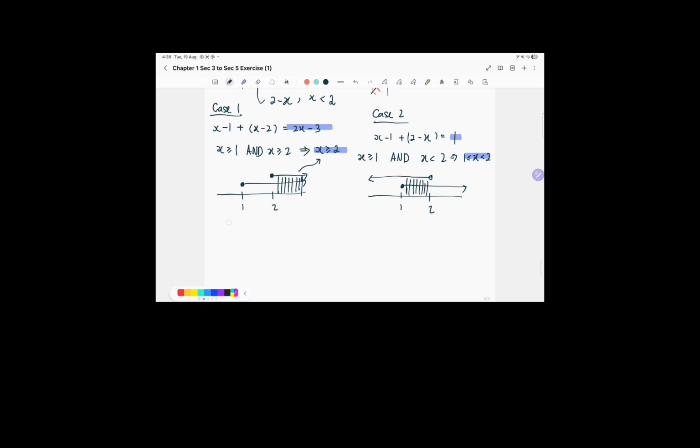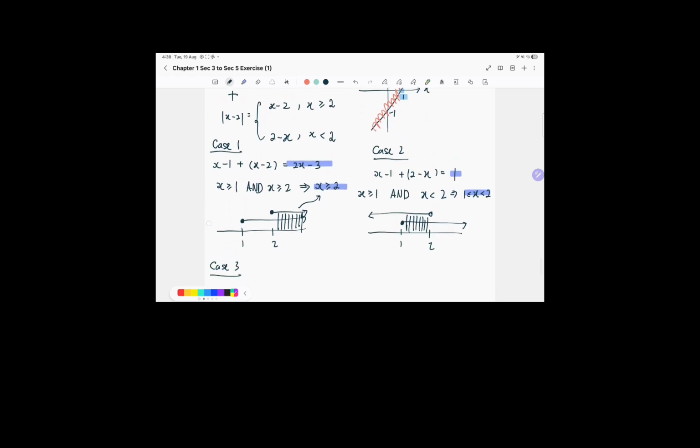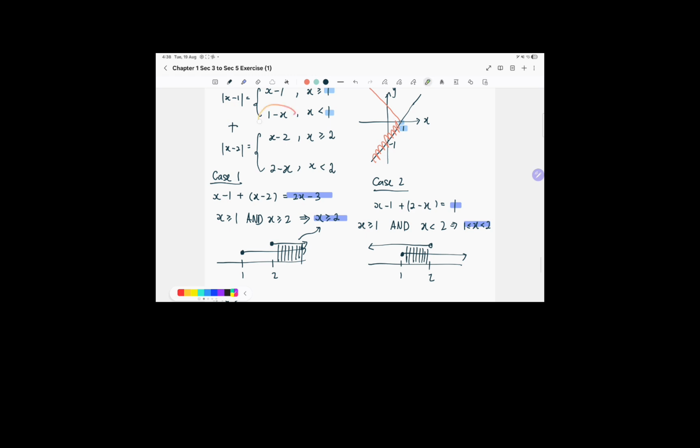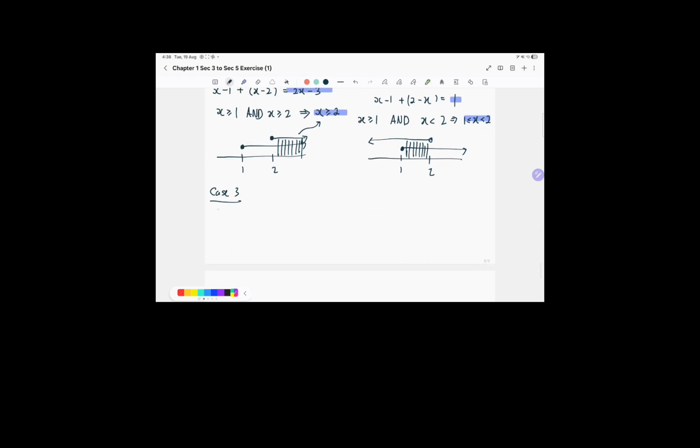Then go to case number 3. For case 3, I use this plus this. 1 minus x with x minus 2. So 1 minus x plus x minus 2, so you have a negative 1. The condition is this.